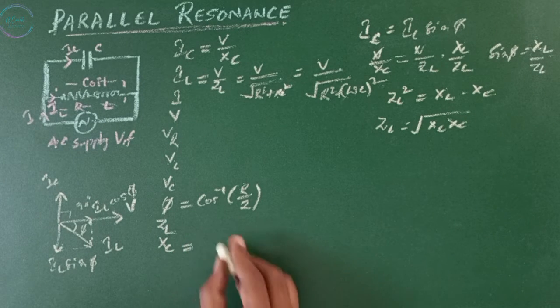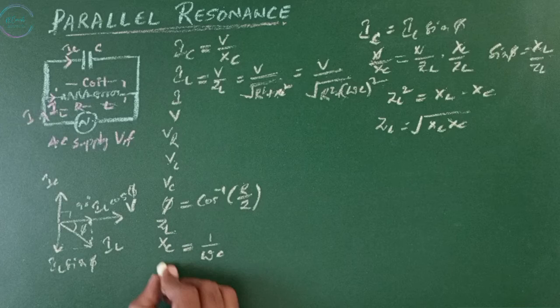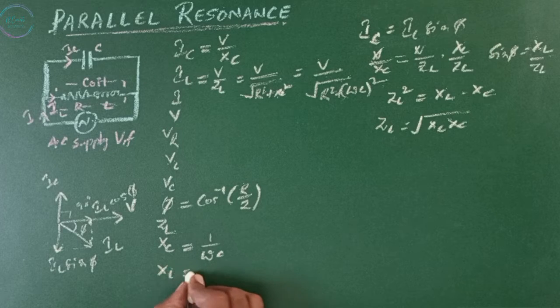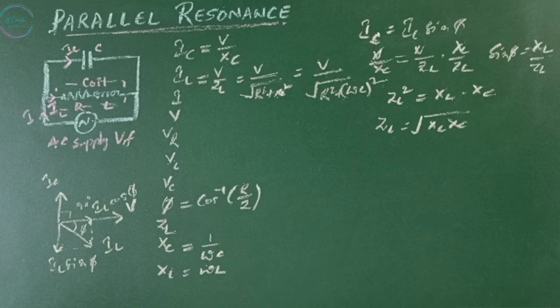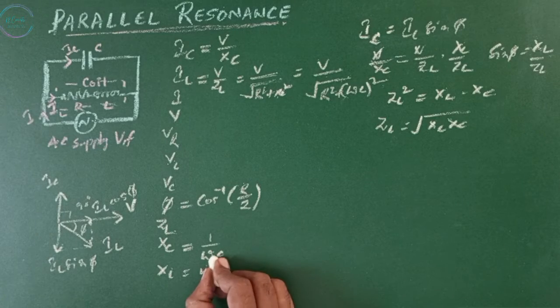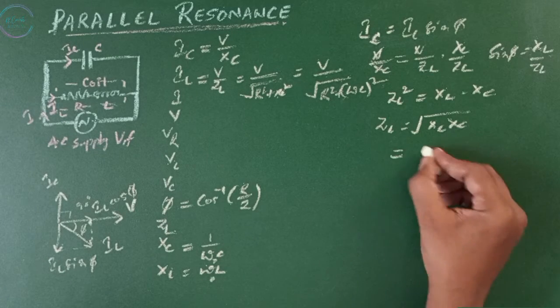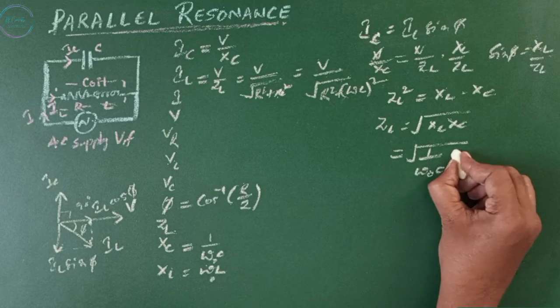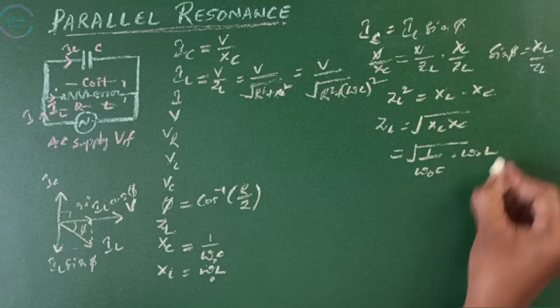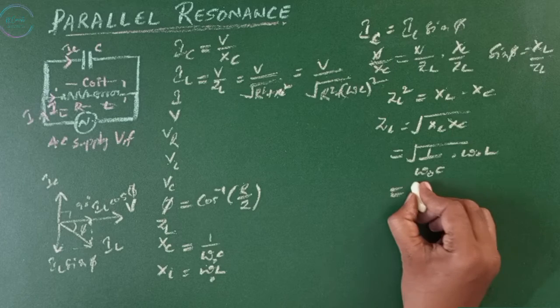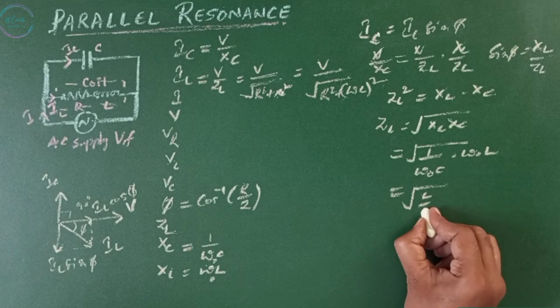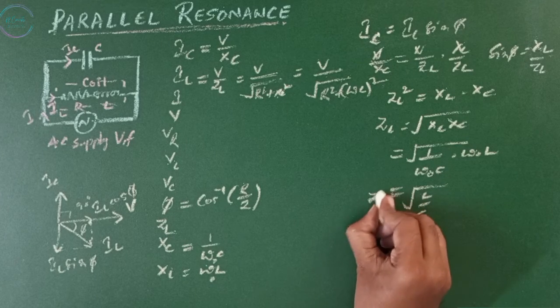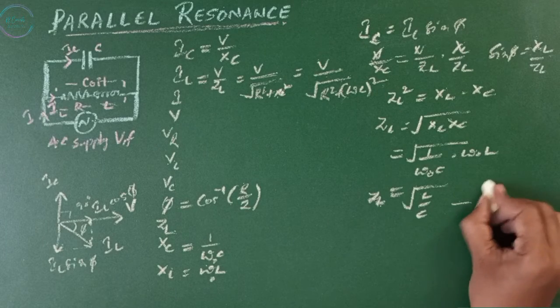XC equals to 1 by omega C, and XL equals to omega L. At resonance, at resonant frequency omega naught, this will be square root of 1 by omega naught C multiplied by omega naught L, which will be square root of L by C. This is our ZL. Let this be equation number 1.